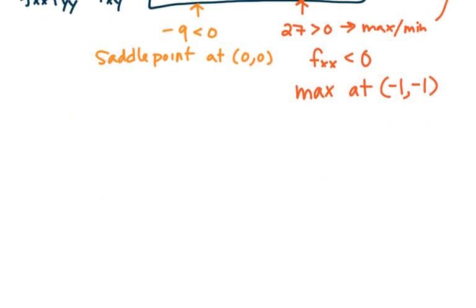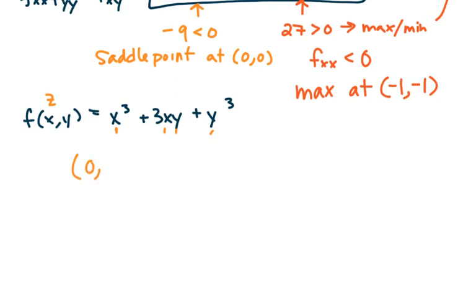So closing this problem out, going back to our original function, f of x, y was x cubed plus 3xy plus y cubed. If I evaluate that at (0, 0), my z value, or my output here, would be 0. So (0, 0, 0), the origin, is the saddle point.